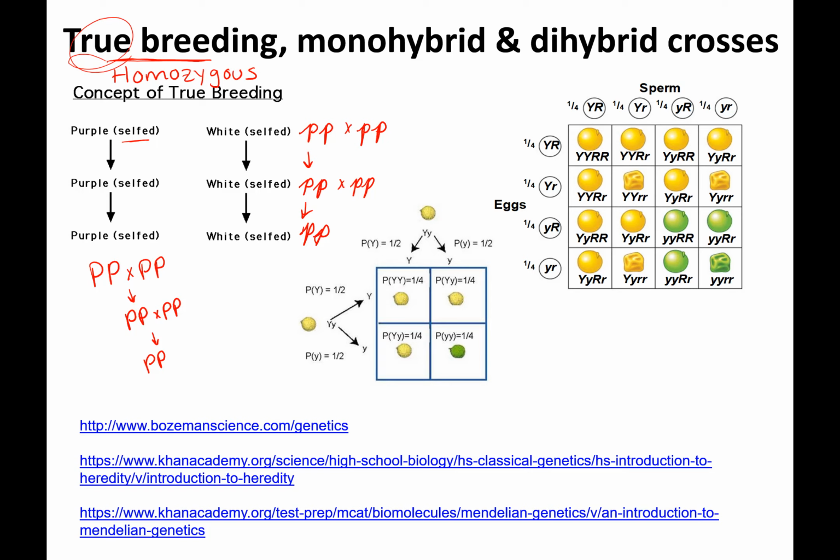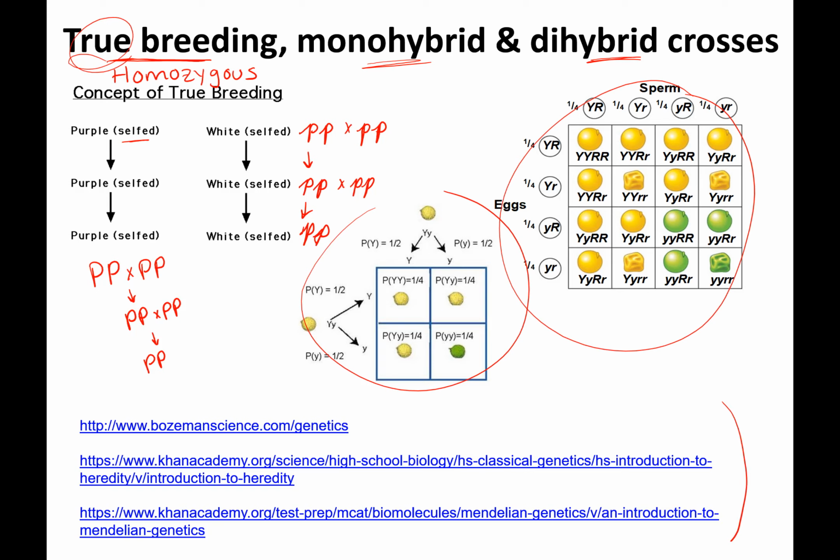Now I want to talk about the definitions of monohybrid and dihybrid crosses, which are shown here. Before we look at those further, I want to let you know that there are some links to some good genetics videos that sometimes it's helpful to hear it explained by someone else.